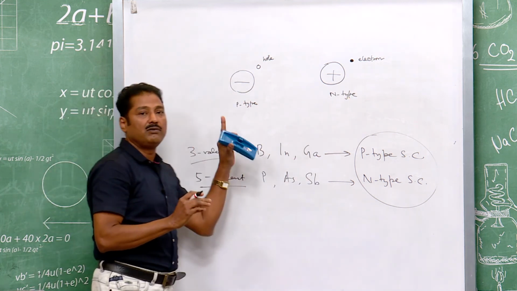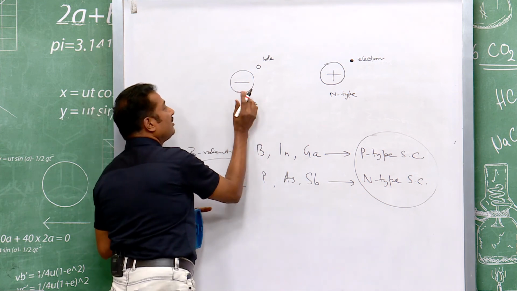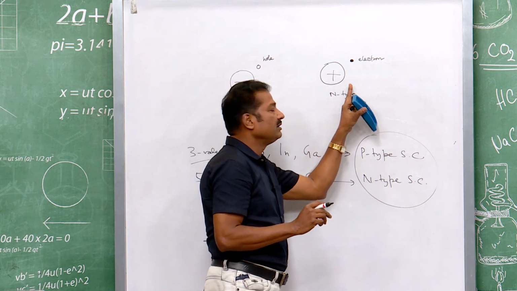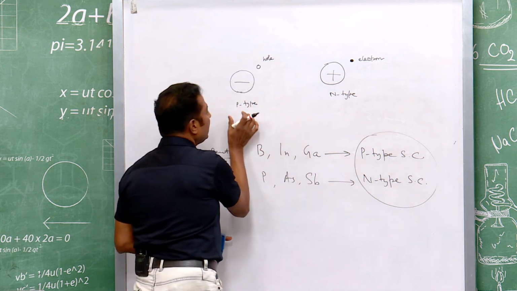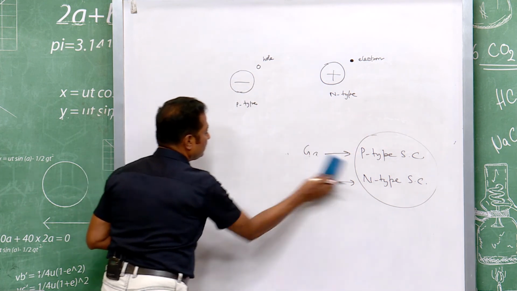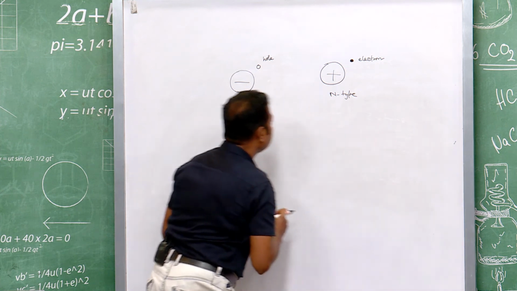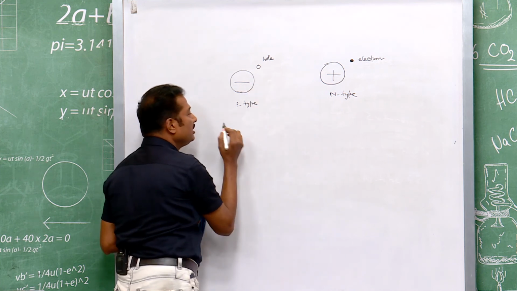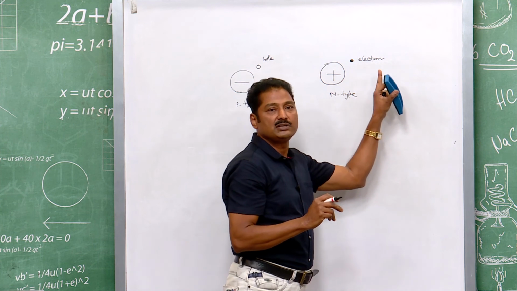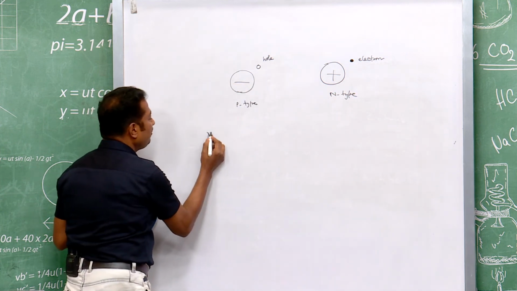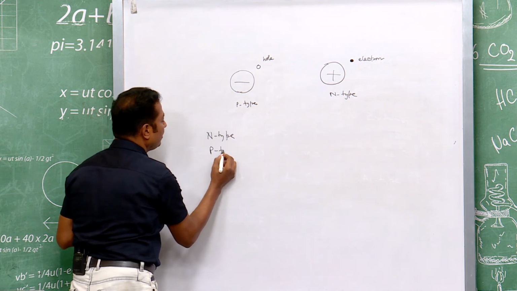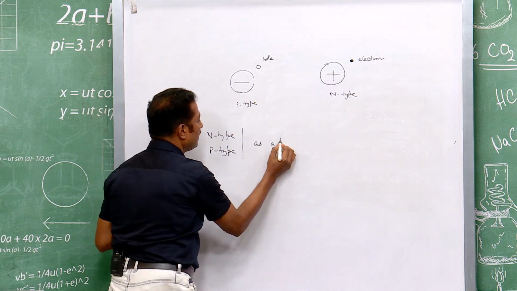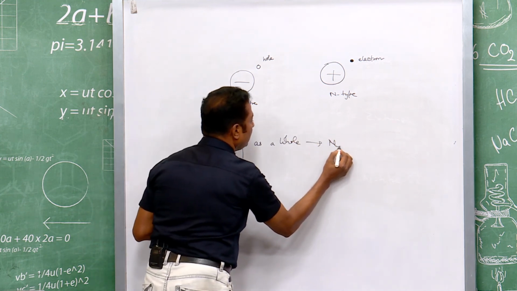So, they are called covered ions: the negative ion is covered with a hole, and here the positive ion is covered with an electron. As a whole, negative ion plus hole is neutral, and positive ion plus an electron is as a whole neutral. So, n type or p type, both the extrinsic semiconductors as a whole are neutral.